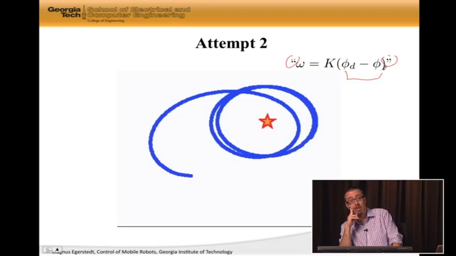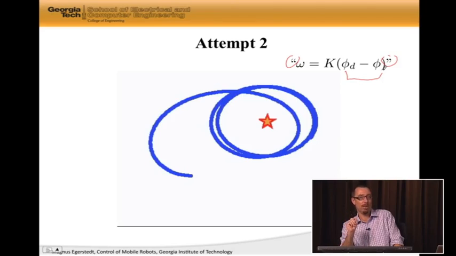Well, the problem is the following. I'm driving the car at a constant speed, v0, and then I'm turning based on this equation up here, and it doesn't seem like I'm turning fast enough. If I'm going really fast, then I need to turn a lot to actually get to where I want. So the problem simply is that I'm not turning quickly enough. Or maybe I should slow down when I get closer to an obstacle.